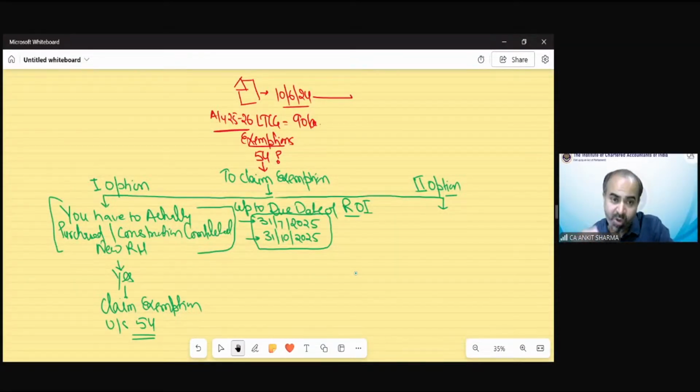If I have to actually purchase the property, or complete the construction up to 31st of July, which is my return filing due date, or up to 31st of October, then what is the fun of those 2-year time limit or 3-year time limit after the date of transfer?